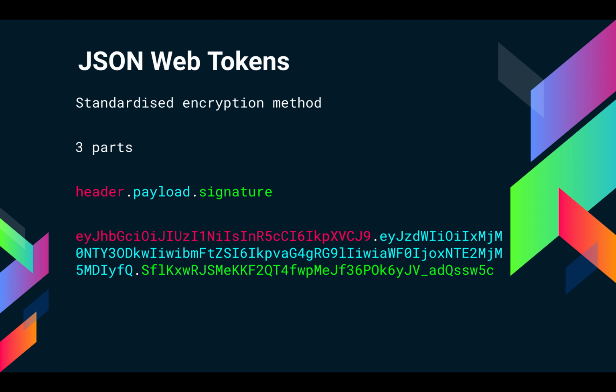In fact, that's what the next three slides are about, so I won't really explain it here. But you can see the bottom line, or 3 lines, is a JWT. It is split into 3 parts, separated by full stops, by dots. The first part is the header, the second part is the payload, and the third part is the signature.